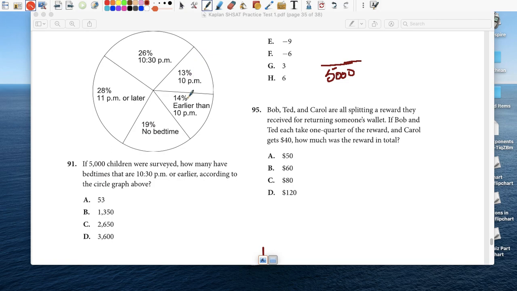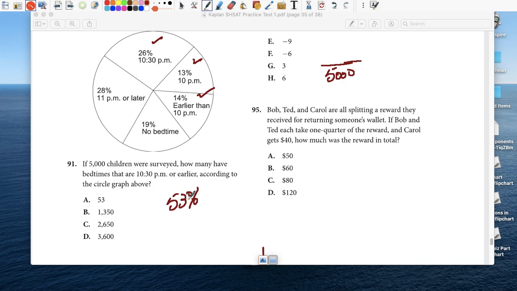No bedtime. It would be this group and this group. So it would be 53% of the children who go to bed 10:30 or earlier.